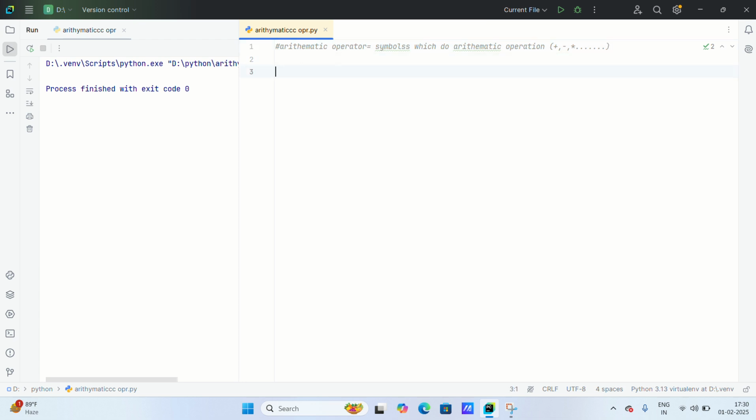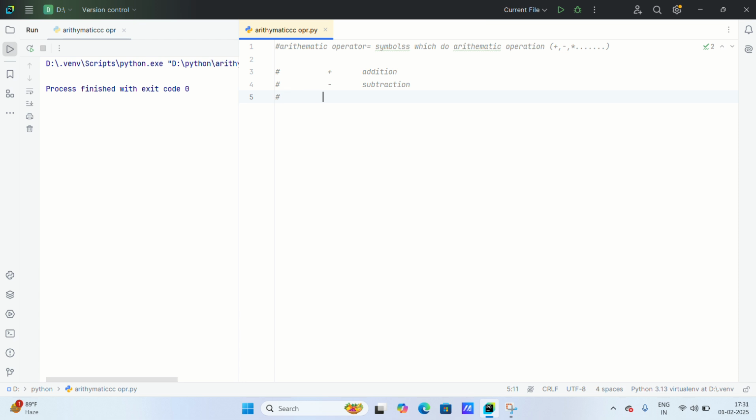Okay. So what are the arithmetic operators? My first arithmetic operator is addition. Its function is adding two numbers. My second arithmetic operator is minus. Its work is subtraction.